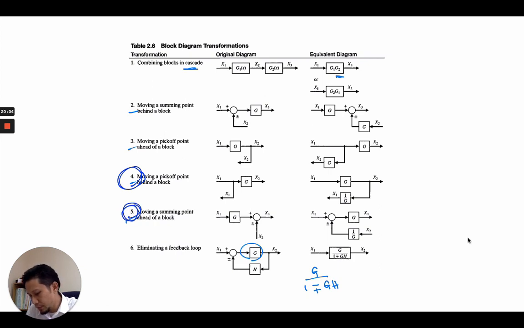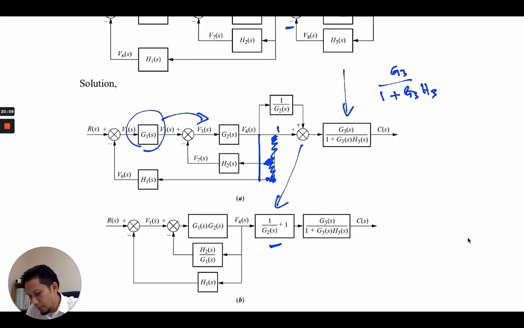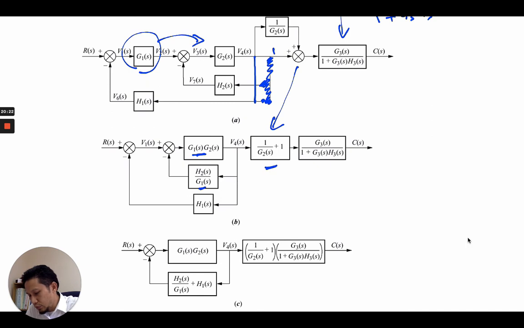So what we have is G1, G2, and then H2 over G1. Okay, and then we can find there are two summing junctions over here. Basically, we can combine both summing junctions into a single summing junction, where we have H2 over G1 plus H1. So take note about the sign at the summing junction over here.